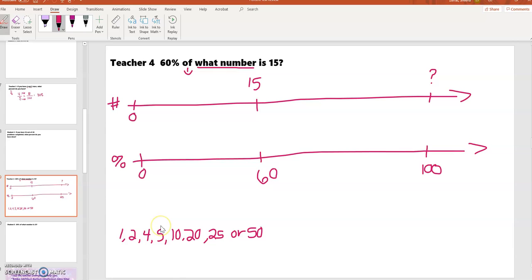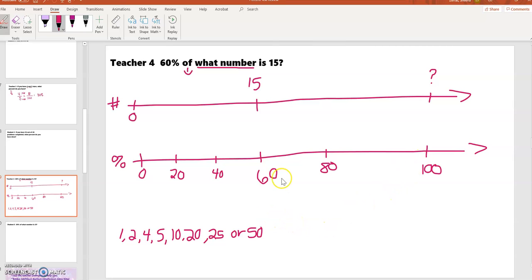If I counted by 5s, that would work. 10s, because they both end in 0. And we can also count by 20s, because it would go 20, 40, 60, 80, 100. So I'm going to choose to count by 20. Less numbers for me to draw on my number line. 20, 40, there's our 60, 80, and then would come 100.